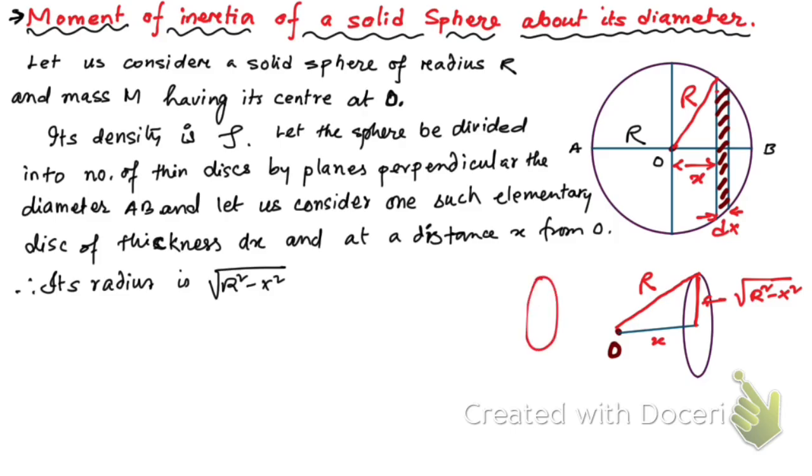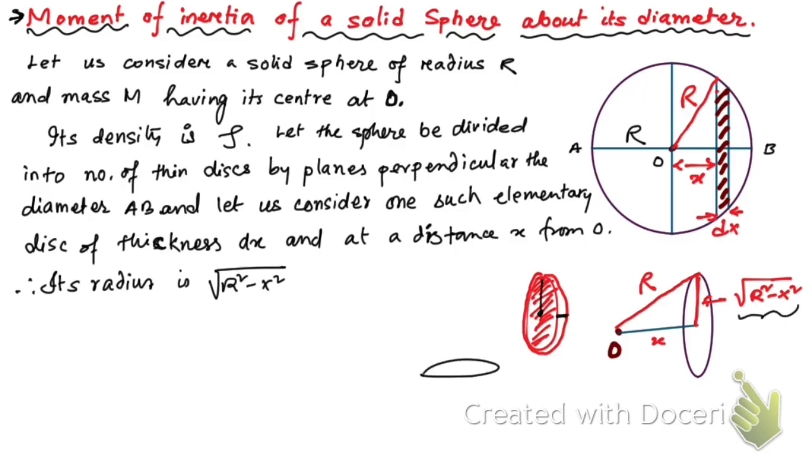Now you see, you can consider this disc as a cylinder of very small height. You can consider this thickness as its height, and the radius we have already got.